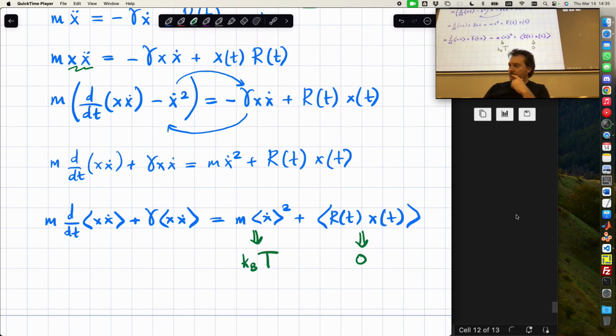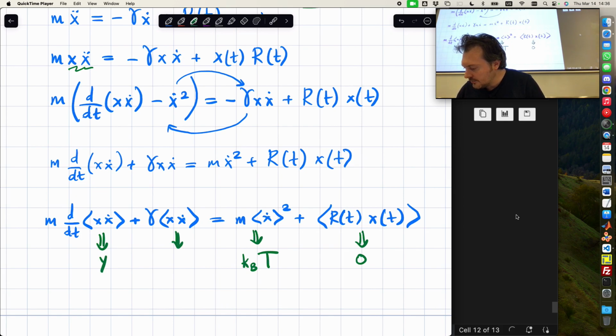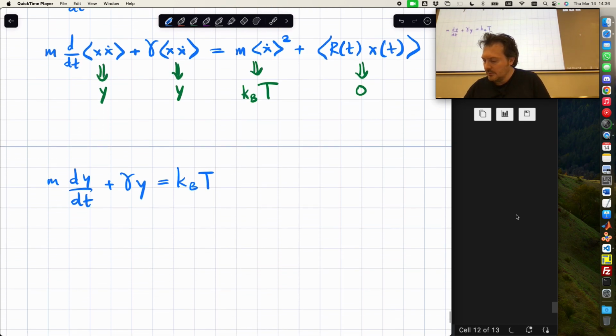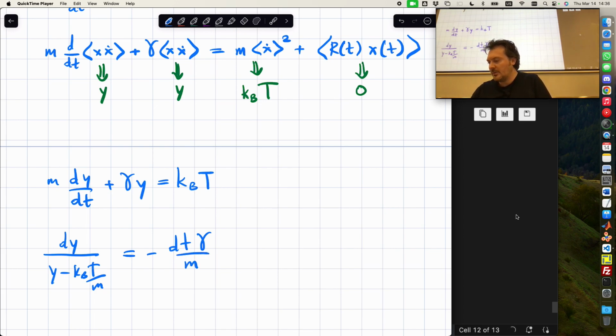All right. Very good. So let me call this y, and let me write that equation down again. m times dy over dt plus gamma y equals kBT. Let me rewrite it like this: dy over (y minus kBT over gamma) is equal to minus dt gamma over m. Do you see how I did that?